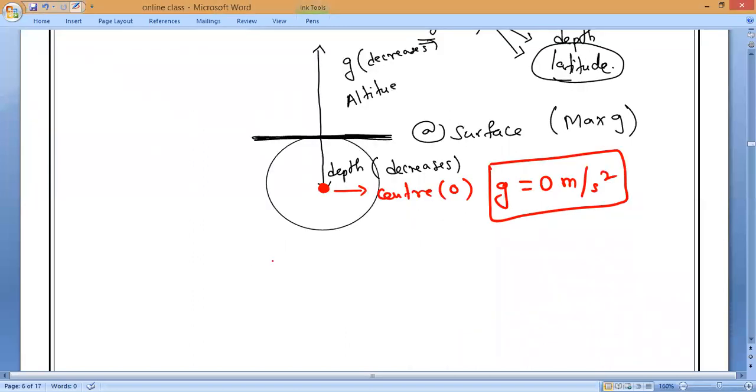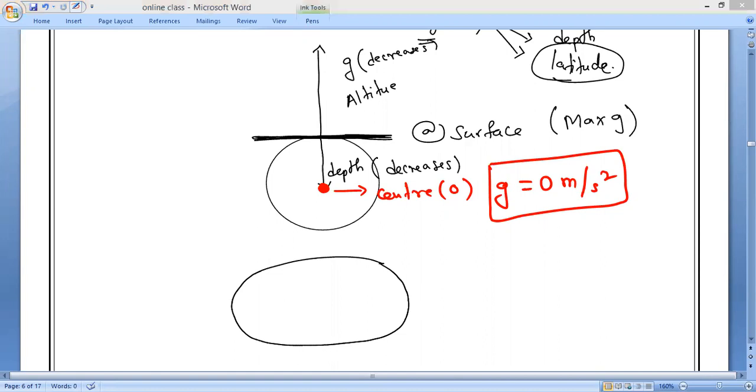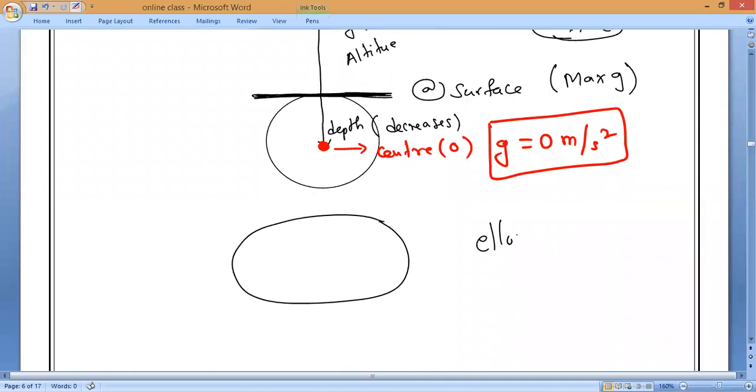Next, if we take our Earth only, Earth is not completely spherical. What is the shape of the Earth? Ellipsoidal shape.